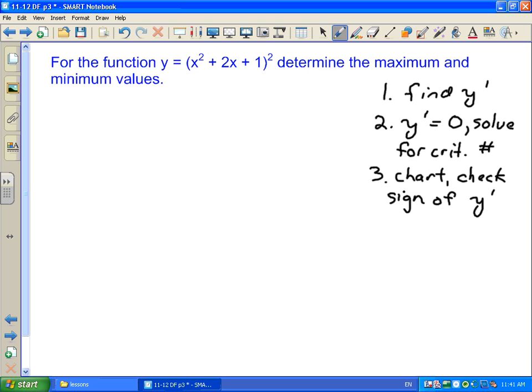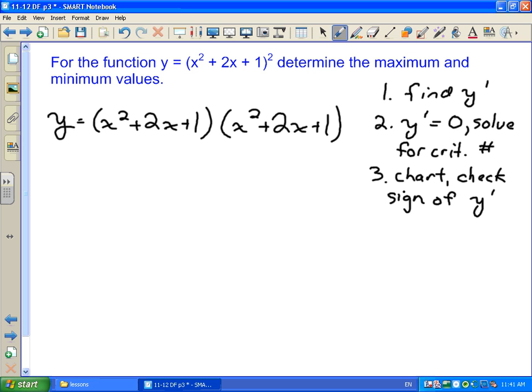So let's start in on step 1 here and find our derivative. Before I can find my derivative, I'm going to have to write this as a product of two terms. Next unit, we'll look at the rule that you can use to evaluate this in one step, which is called the chain rule. But because we don't know that yet, we're going to have to use our product rule.